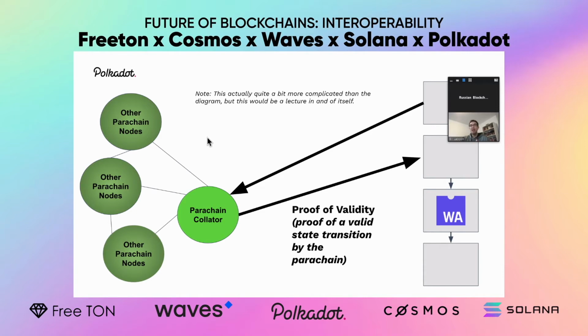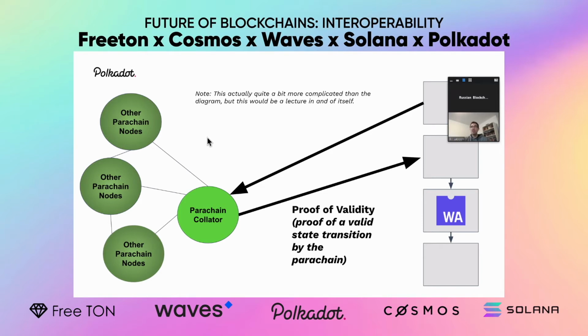And then every time a new block is generated by this parachain, special nodes called collators will send a proof of validity.